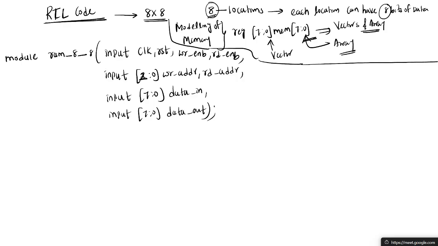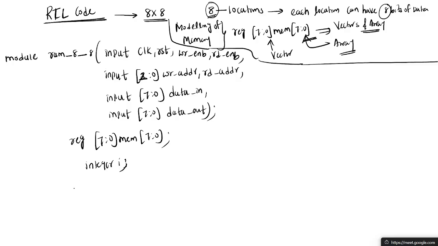Next, what I need to do: reg 7 down to 0, mem of 7 down to 0. I am developing the memory. I am declaring one integer i. First I want to clear the content in the memory locations.